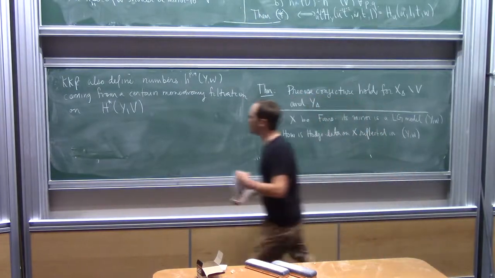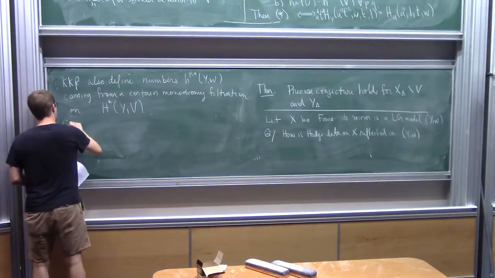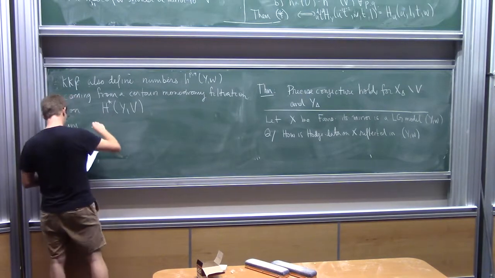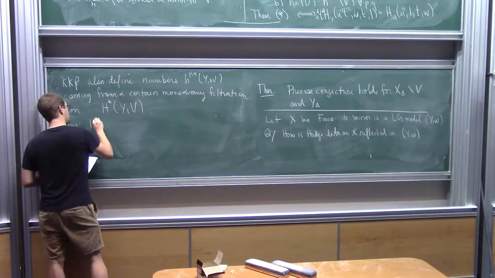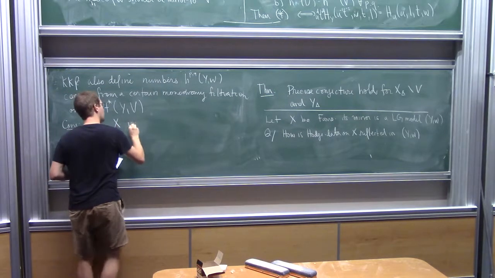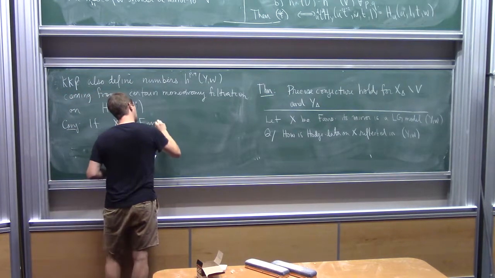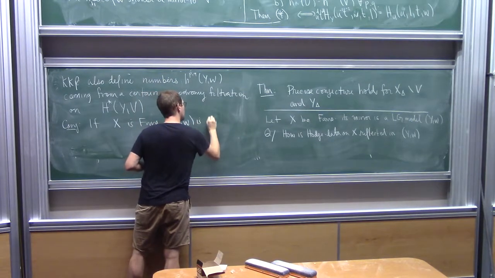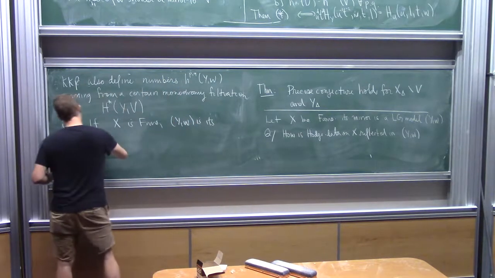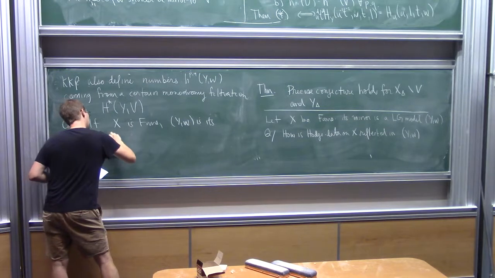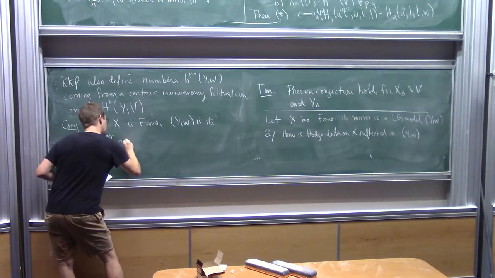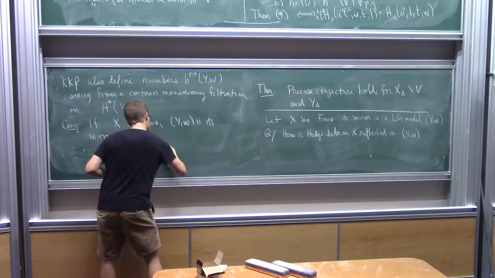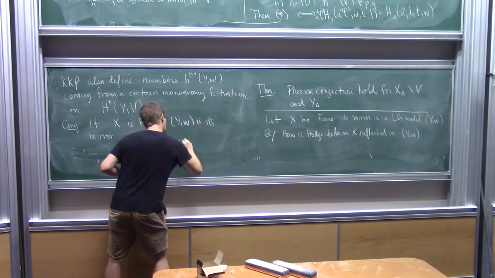And so they conjecture, and if I had more time, I'd explain why this conjecture should be true, that if X is Fano, and (Y, W) is its mirror, then f^{p,q}(Y, W) is equal to h^{p,q}.